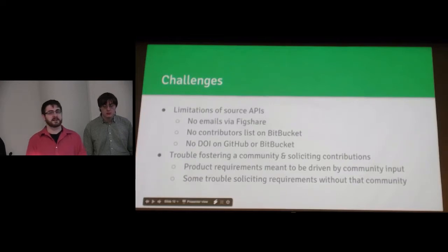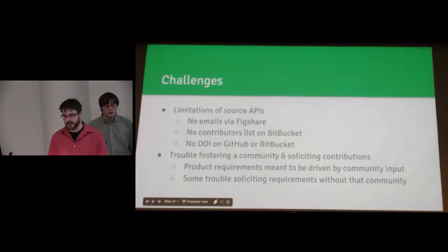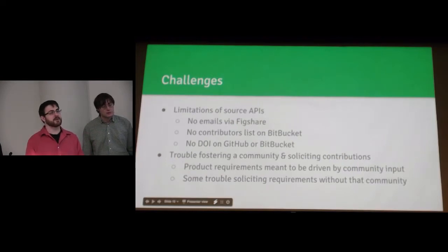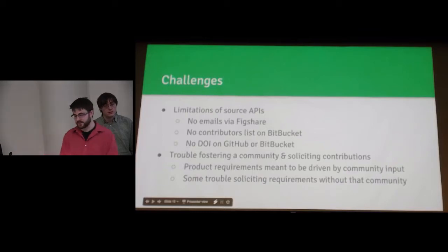And obviously in a large active open source project that has thousands or even tens of thousands of commits, that can take a little bit extra time in order to determine those contributors. And finally, the sources that are not as focused on research, specifically GitHub and Bitbucket, have no field for a DOI, which is the unique identifier often used in research.